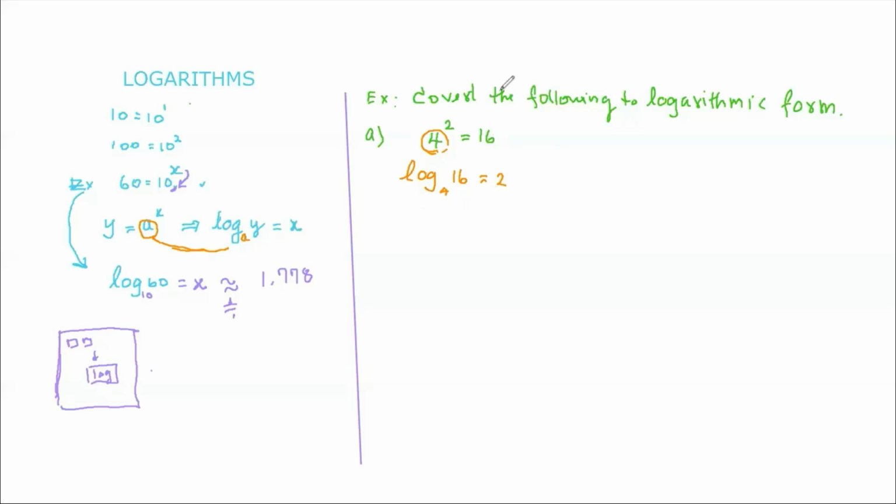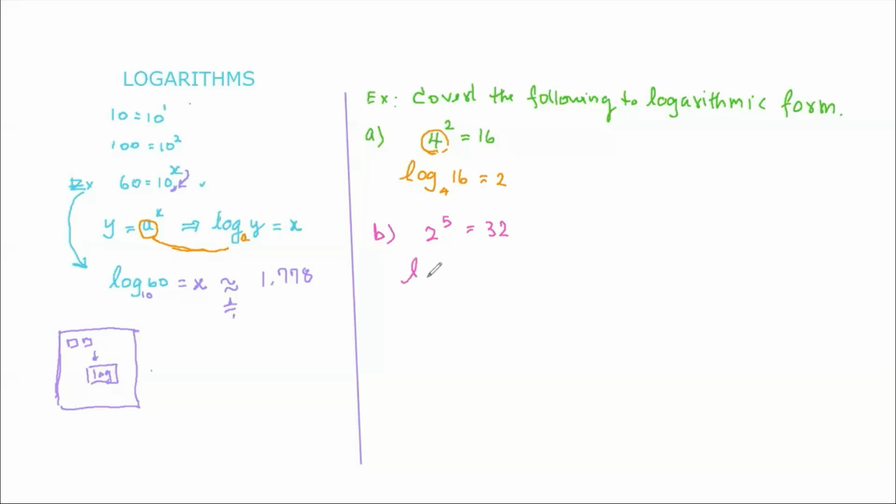Okay, maybe more examples. Say I have 2 power 5 equals 32, right? Now we convert this exponent, this index form, to logarithmic form. So 2 is the base.